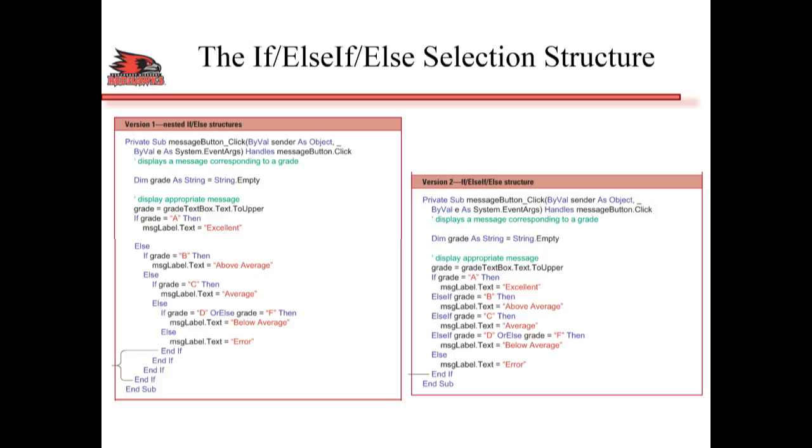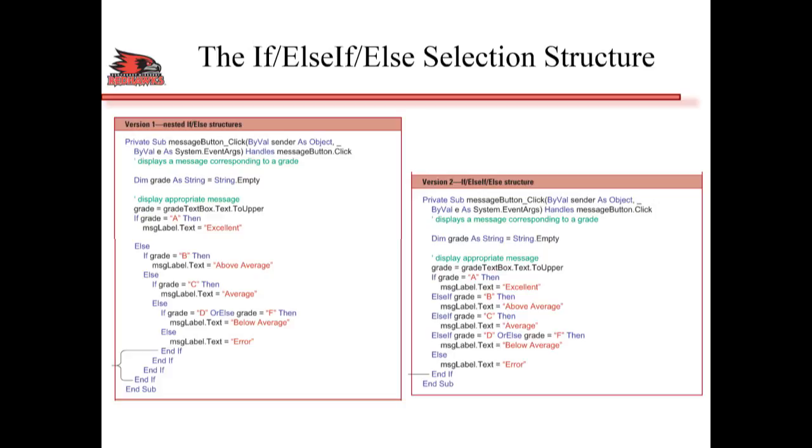Here, the starting is the same. If it checks out as A, then we display excellent. Then you use the command else if grade equals B, then display this, else if grade C, display that, like that.